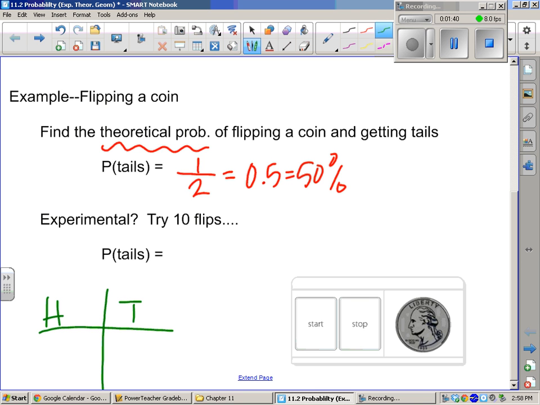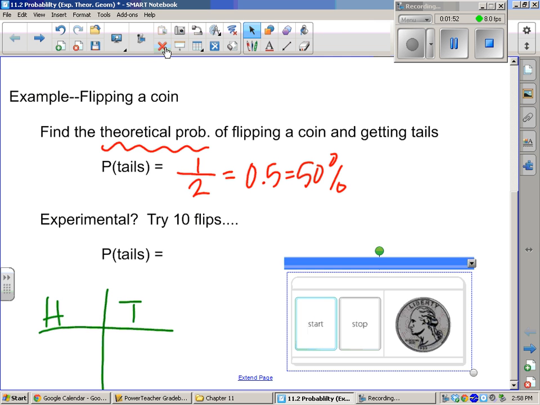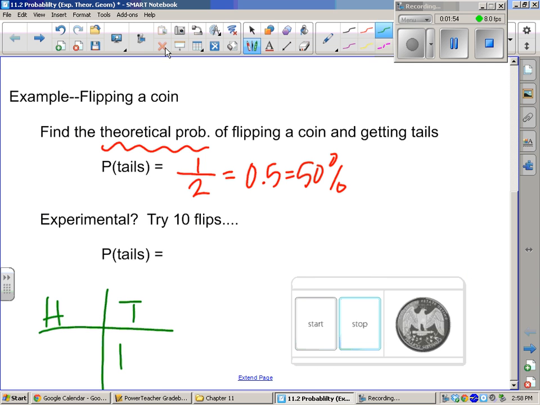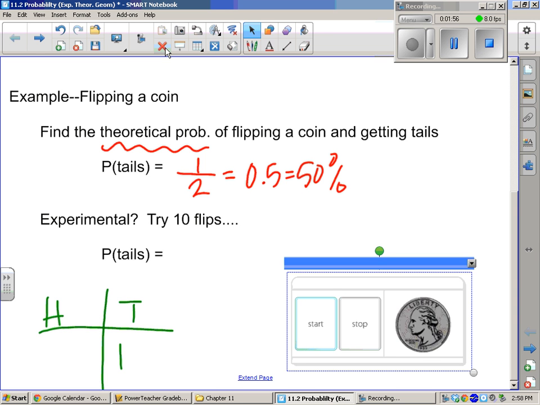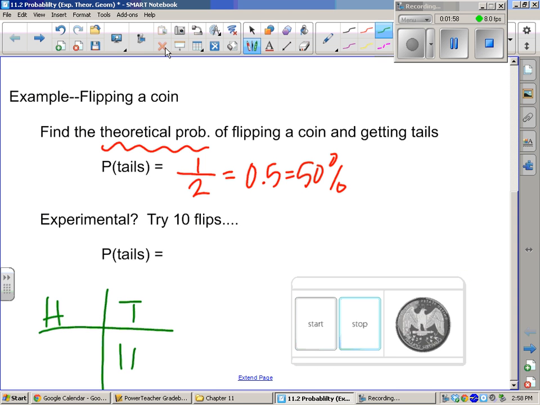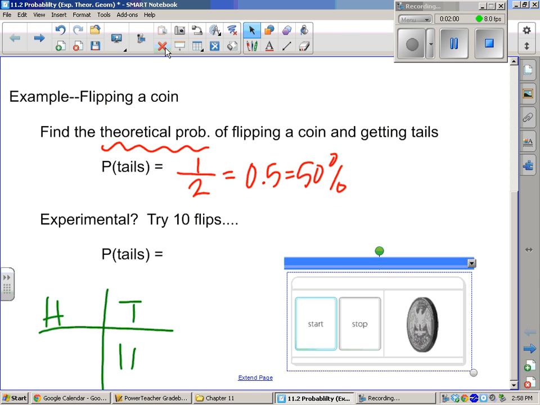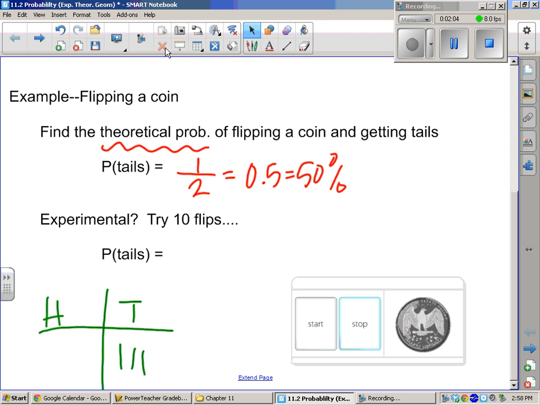All right, so heads and tails. I'm going to say start and stop, and Miss Johnson's going to do it. Ready, go. Start. Oh, shoot, we got to put that down. Now I have to delete my dot. Okay. Start. Flip and stop. All right, tail. Start. Stop. Another tail. Another tail. Tails never fail.